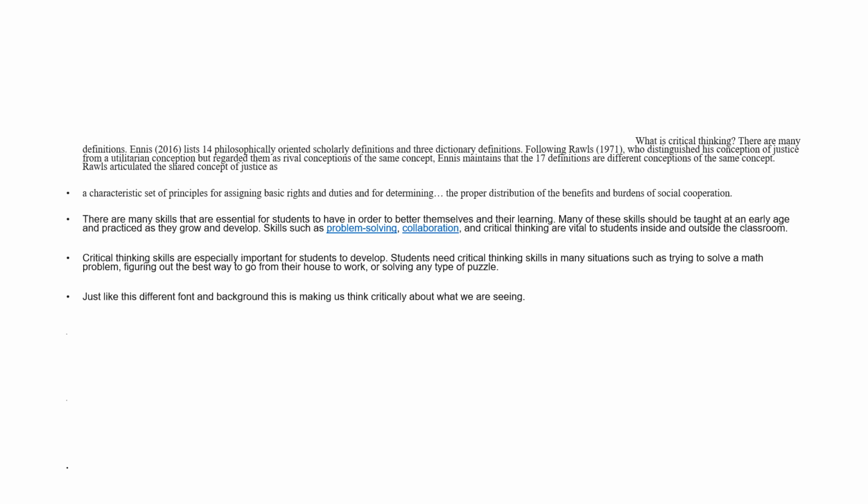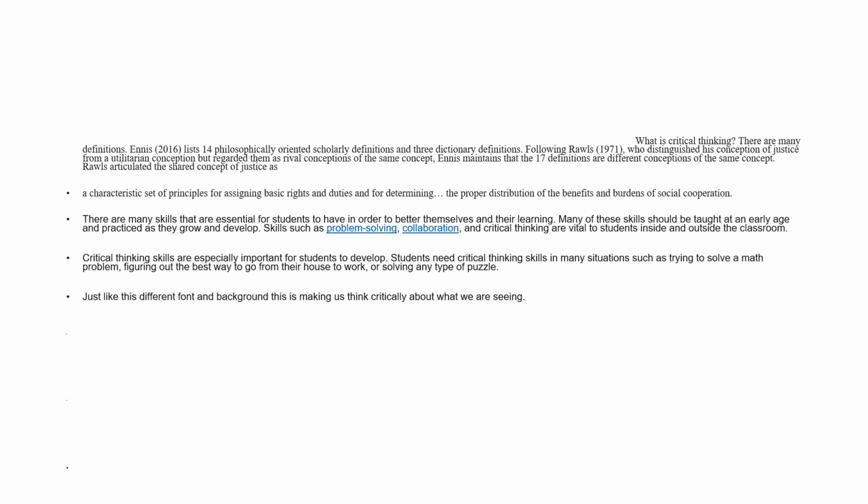Ennis maintains that the 17 definitions are different conceptions of the same concept, as Rawls articulated for justice: a characteristic set of principles for assigning basic rights and duties and for determining the proper distribution of the benefits and burdens of social cooperation.